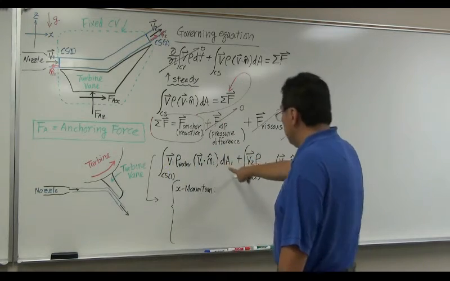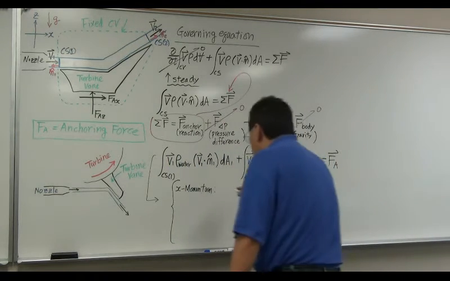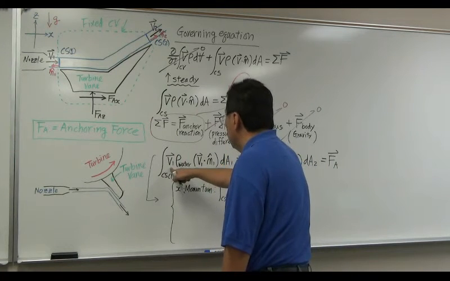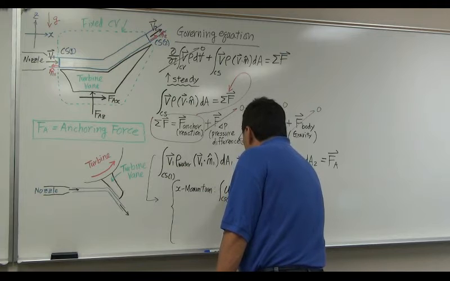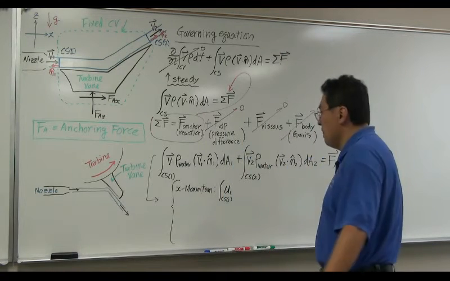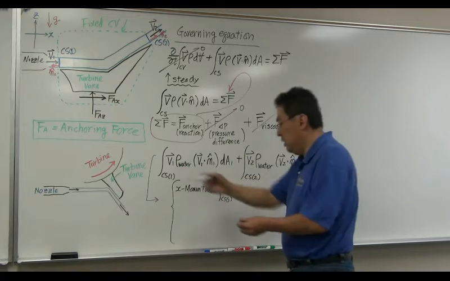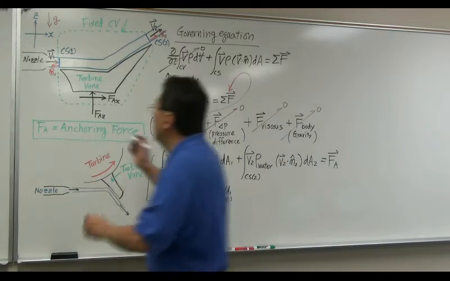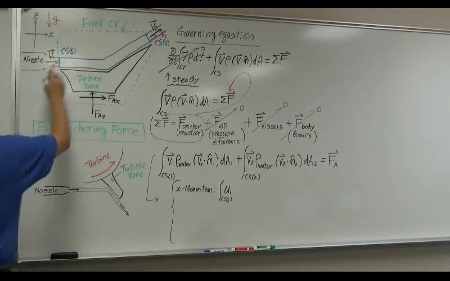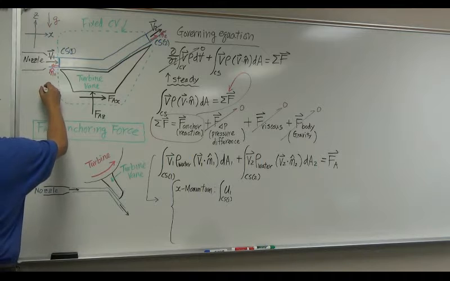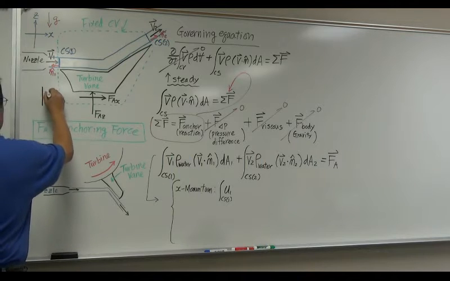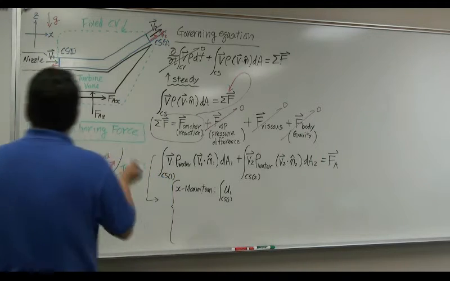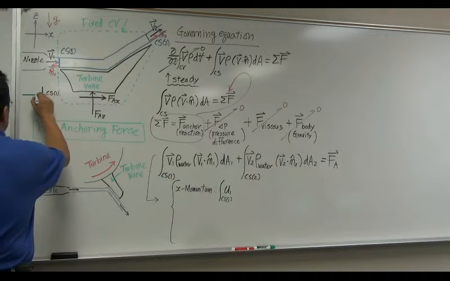So this equation's x direction component is the integral over CS1, and this is going to be u1. What is u1? This is velocity V1's x direction component. Let's take a closer look at it. Right here at control surface 1, you have a velocity incoming.